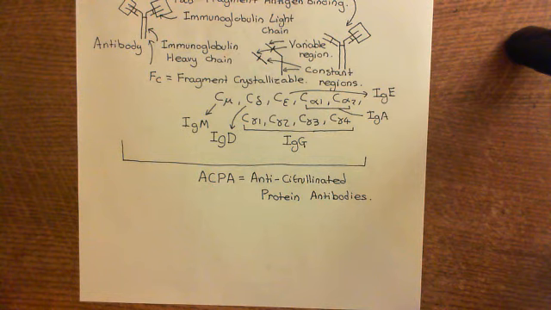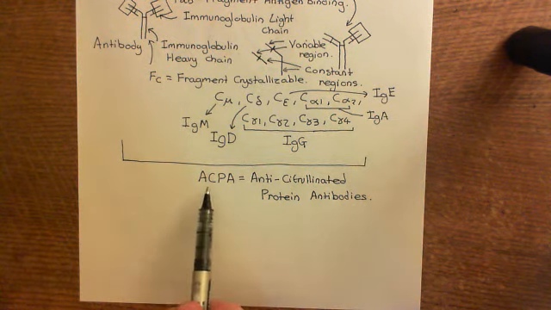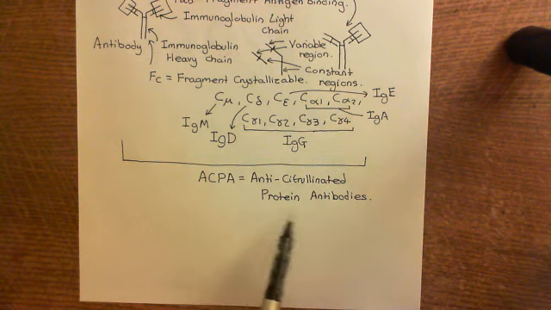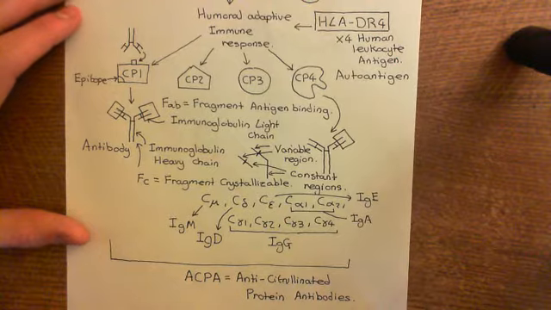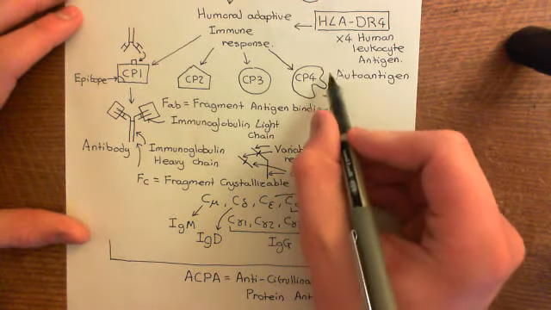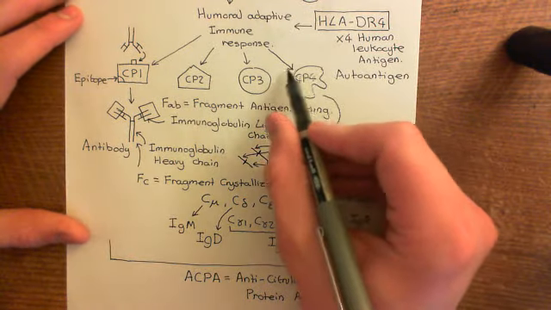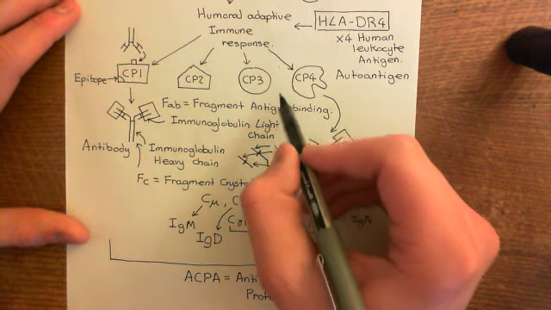You're producing antibodies directed against epitopes of these citrullinated proteins, and you're doing this against loads and loads of different citrullinated proteins. So you're gradually building up your repertoire of anti-citrullinated protein antibodies, and at some point you start producing an antibody specifically against a citrullinated protein that is found in the synovium, and we agreed that that was going to be citrullinated protein 4 here.